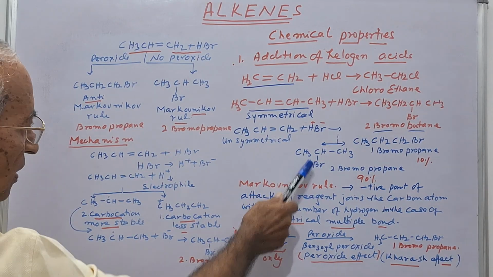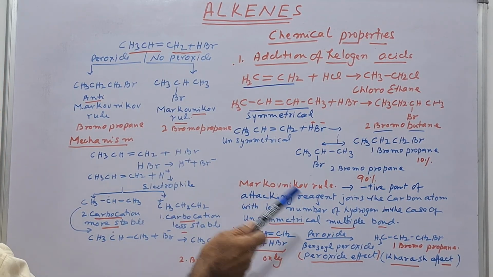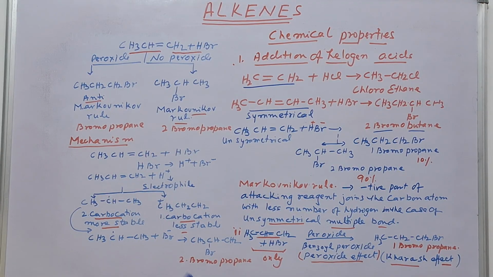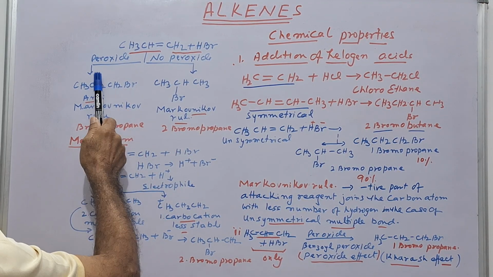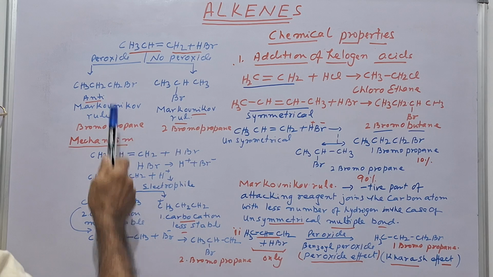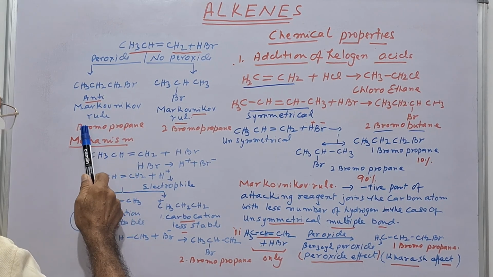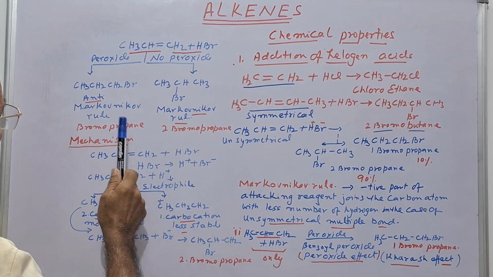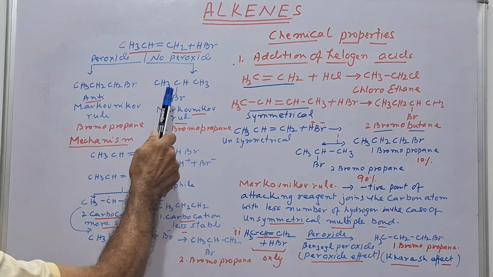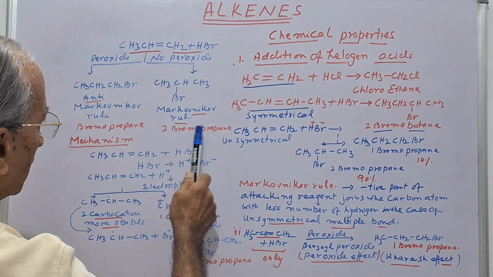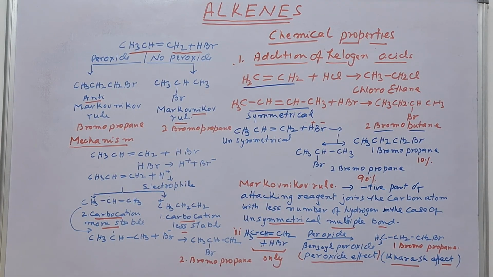Now if we sum up this reaction, propene reacts with HBr. If this reaction takes place in the presence of peroxide, that is anti-Markovnikov rule, only 1-bromopropane is formed, and in the absence of peroxide, it forms 2-bromopropane as the major product.